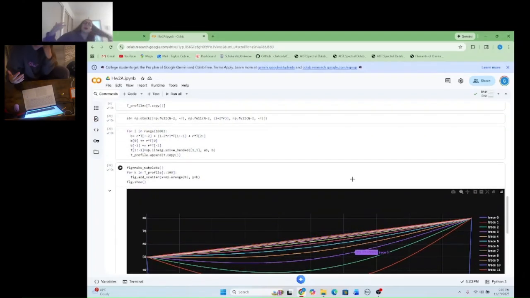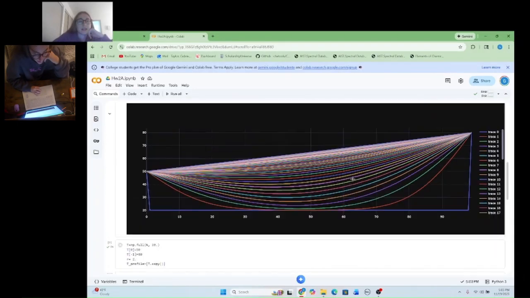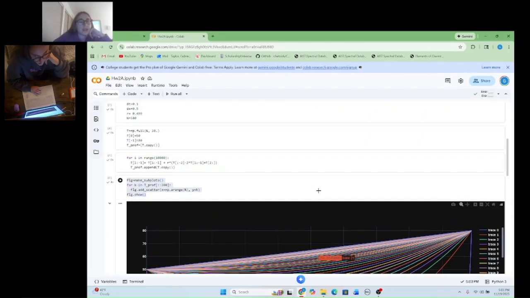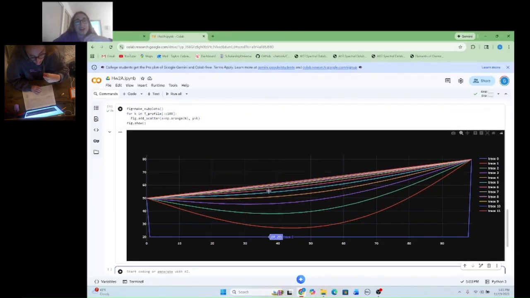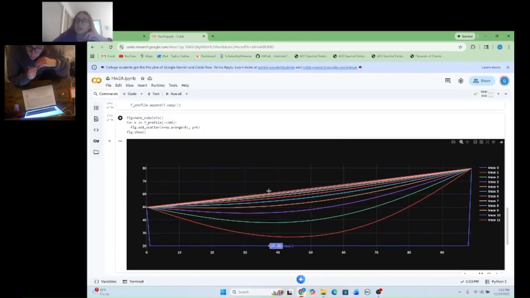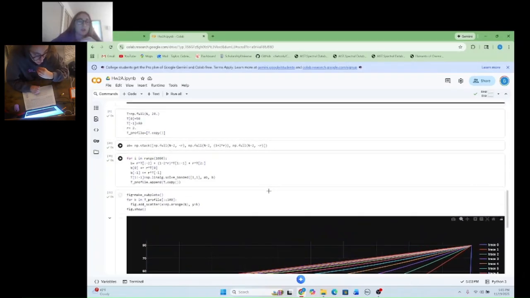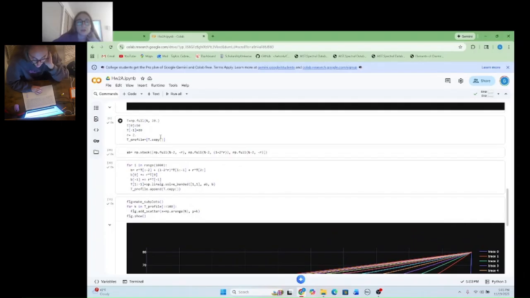So if we look at the main differences between what we did on part A and what we did on part B with Crank-Nicolson, this got to steady state at 10,000 time steps. This got to steady state at 1,000. Those are completely different numbers. Those are wildly different. And that's because of our R value.